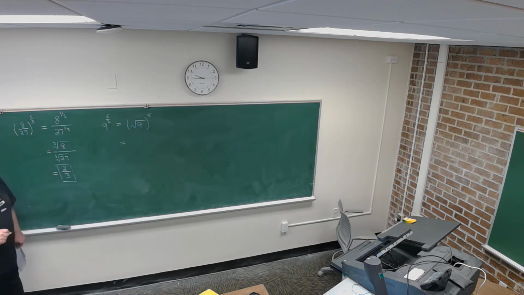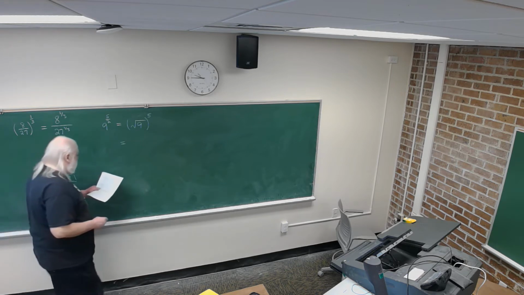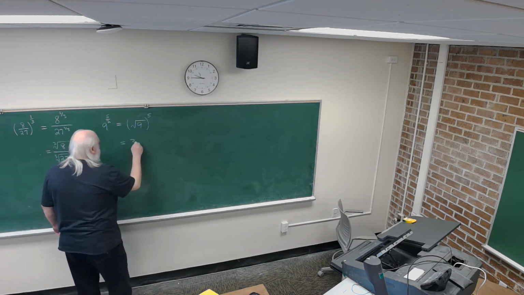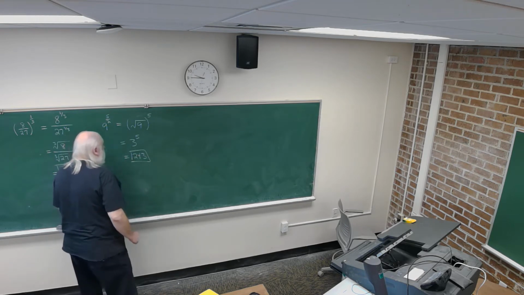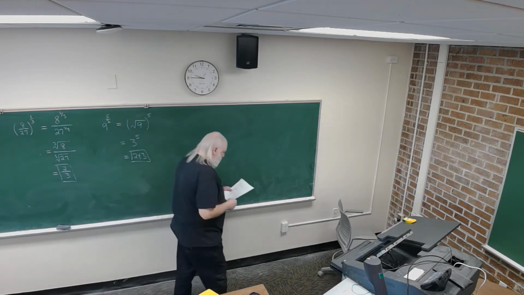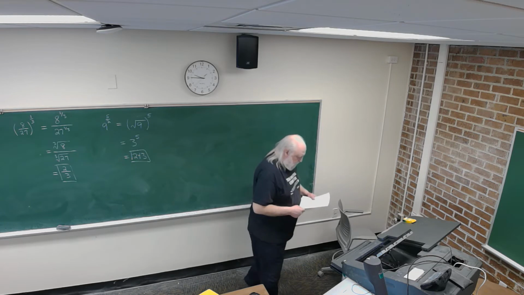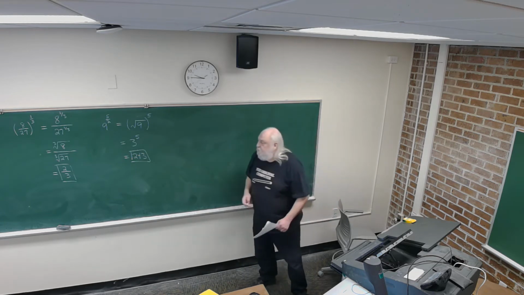Well, the square root of 9 is 3, and 3 to the 5th is 243. That you can do in your head.